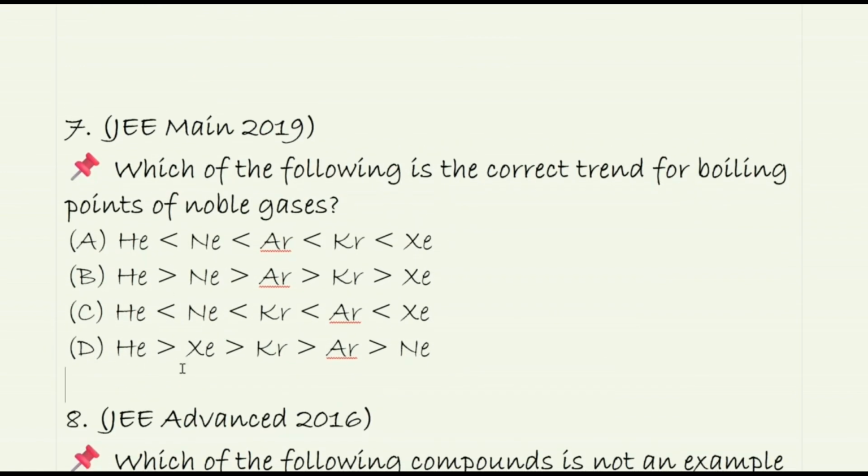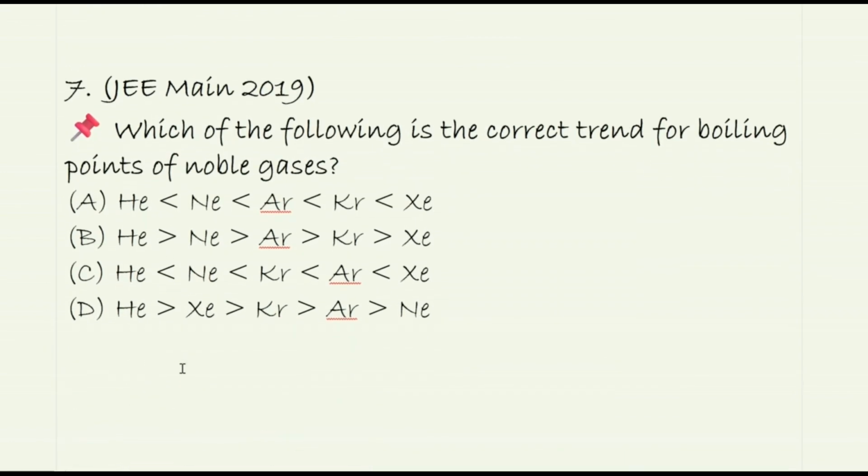Then JEE Main 2019. Which of the following is correct trend for boiling points of noble gases? Which will have highest boiling point? Let's check that one. The boiling point of the noble gases increases down the group due to increase in van der Waals forces, isn't it?